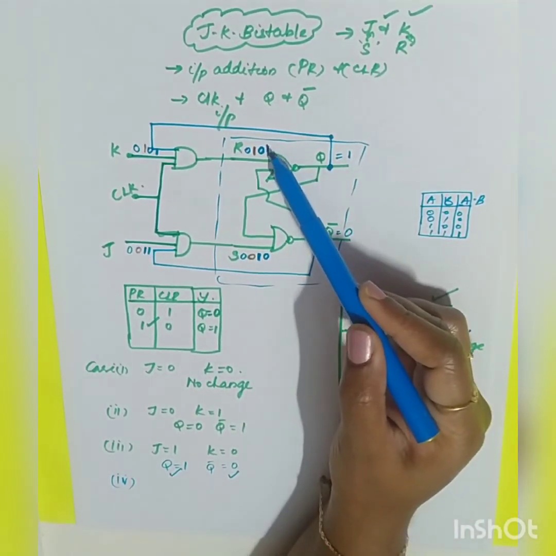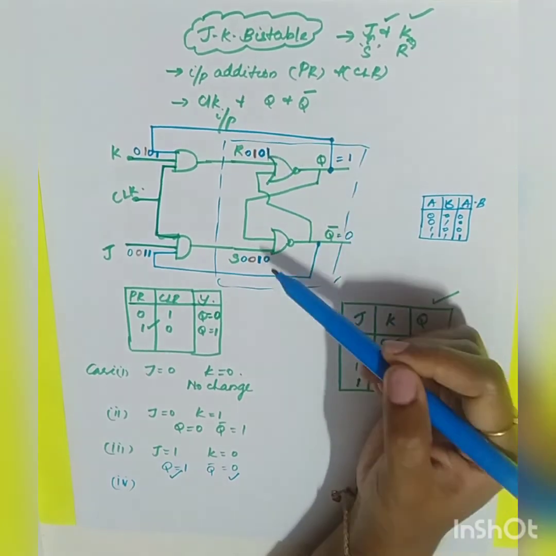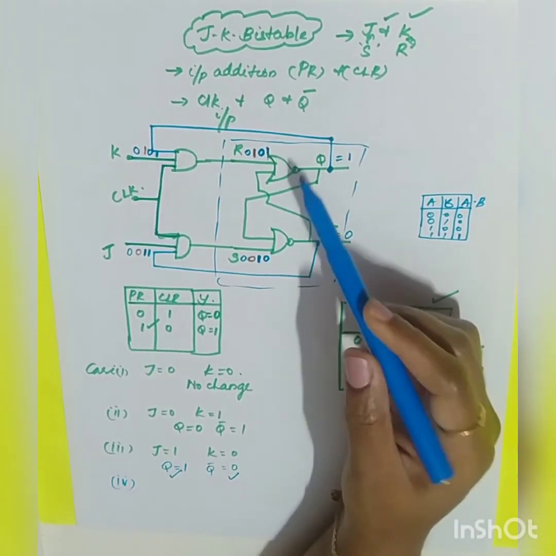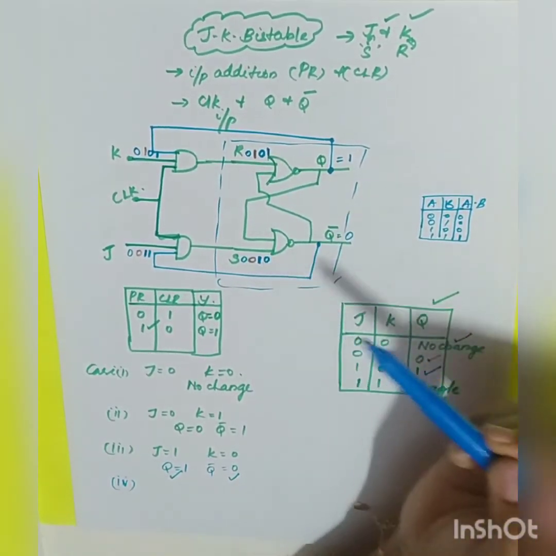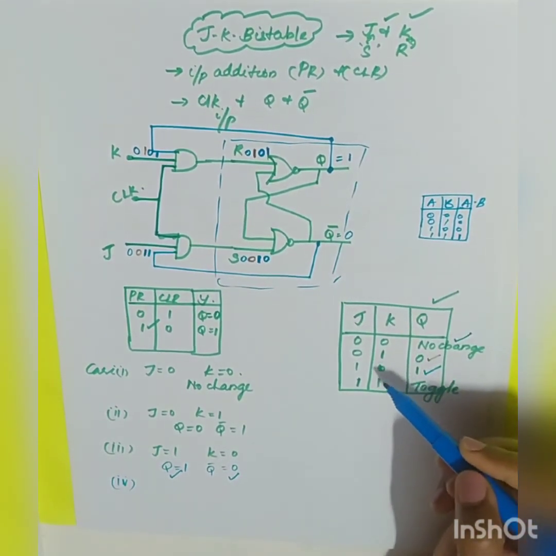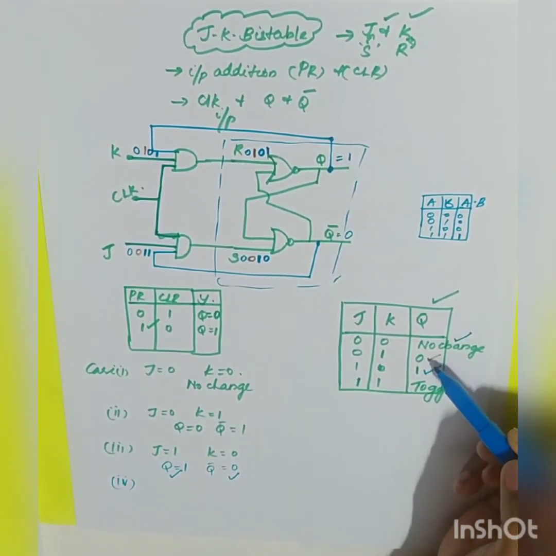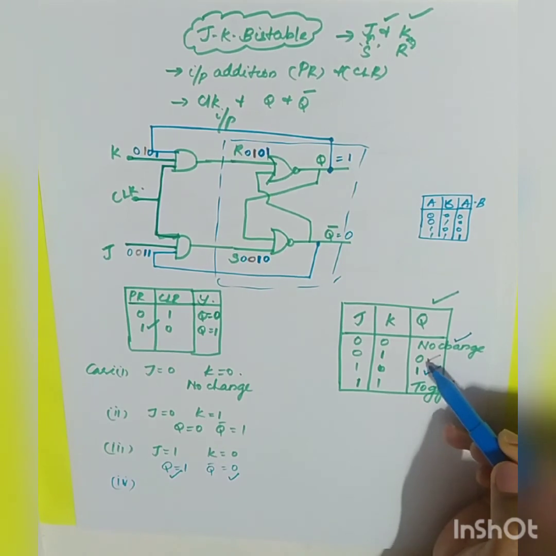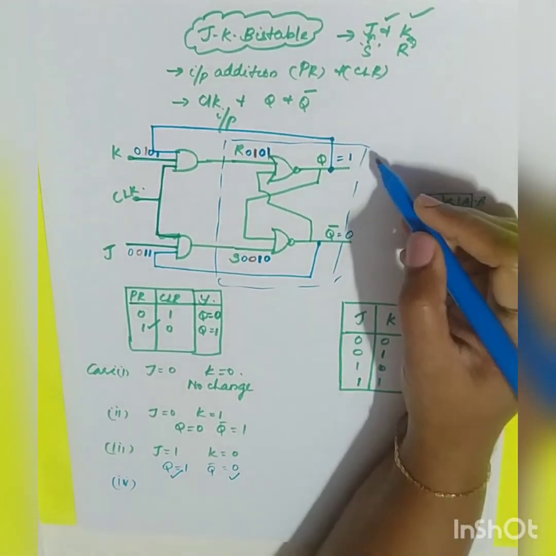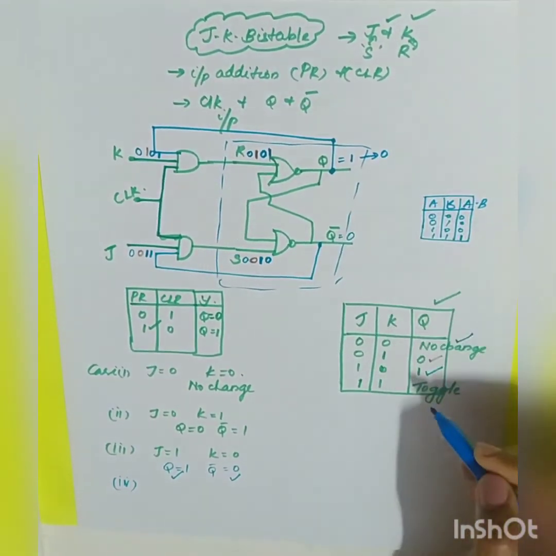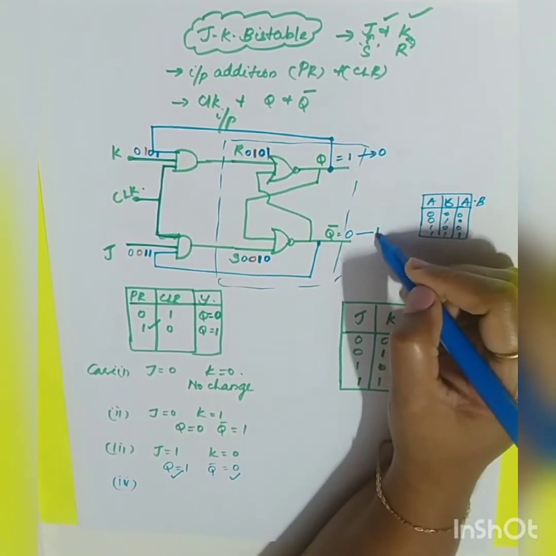Now what is the condition? You have got r is equal to 1, s is equal to 0. If r is equal to 1, s is equal to 0, what will be your value? Q will be equal to 0 and q bar will be equal to 1, right?